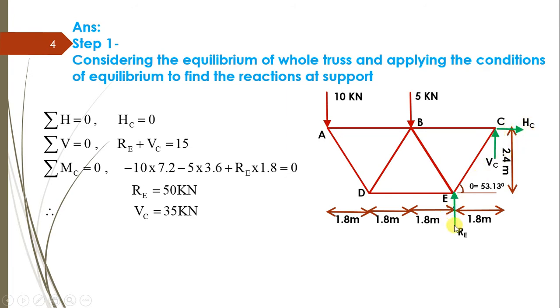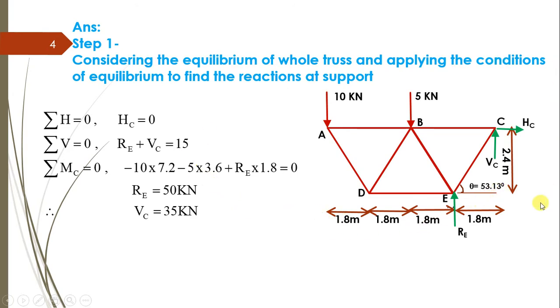Then at joint E, as it is a roller support, there will be one unknown reaction, that is, RE. Then this angle theta is determined as 53.13, taking tan inverse of 2.4 divided by 1.8. So theta will be 53.13.